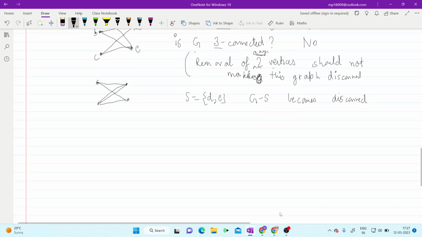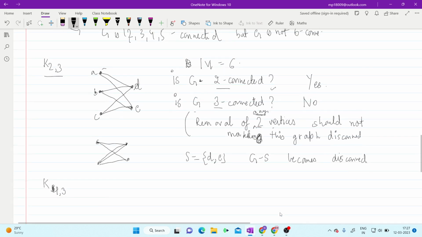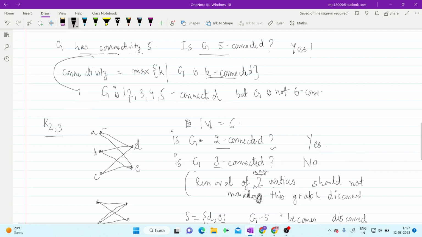Now let's do just one more example to see if the definition is clear. So let's say K4. What is the relation between connectivity and connectedness? Connectivity is the maximum k for which G is k connected.